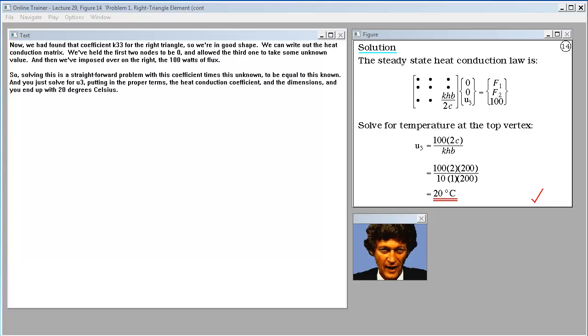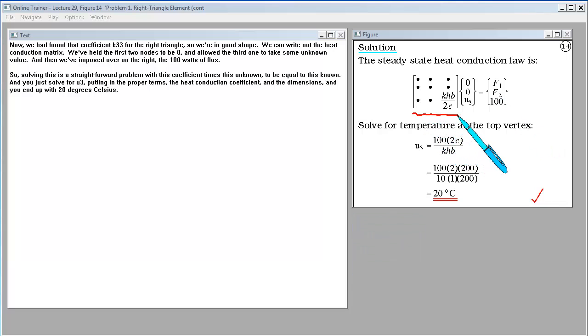Now we had found that coefficient K33 for the right triangle, so we're in good shape. We can write out the heat conduction matrix. We've held the first 2 nodes to be 0 and allowed the third one to take some unknown value. And then we've imposed over on the right the 100 watts of flux.